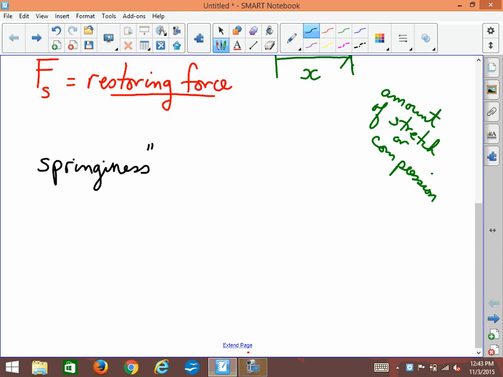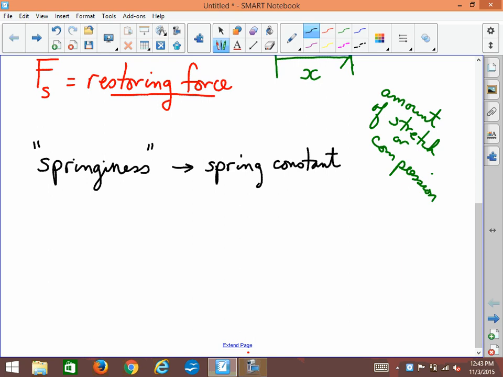So the springiness is sort of an example of whether the spring is a very loose spring that can be easily stretched or compressed, or a tighter spring that takes a lot of force to be able to stretch it or compress it. So the springiness of the spring is another factor. And the springiness is basically referred to as the spring constant. It's a measure of how springy the spring is.